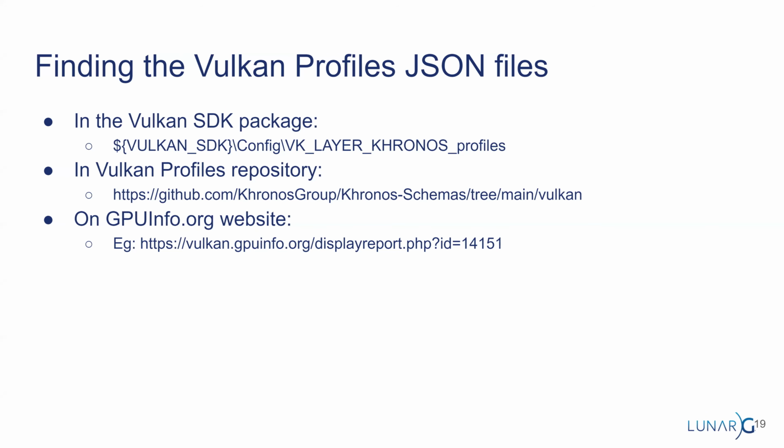It includes the Khronos 2022 profile, the roadmap 2022 profile, the Android 2021 profile, and our LunarG desktop portability profile. But if we want more profiles, we could gather some on vulkaninfo.org.